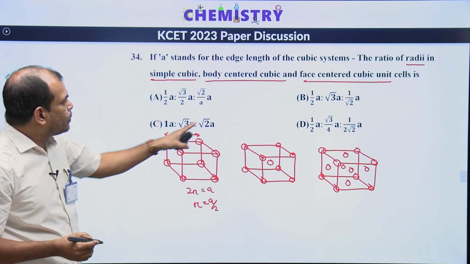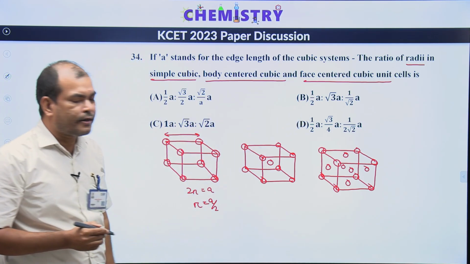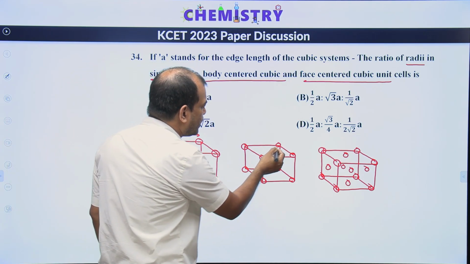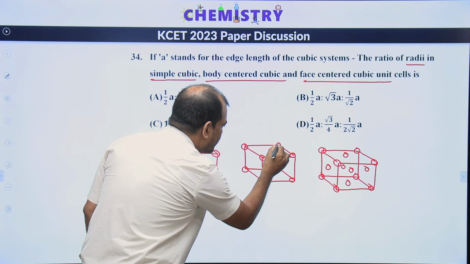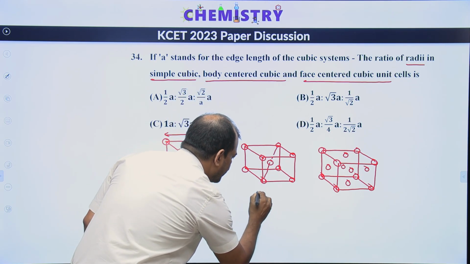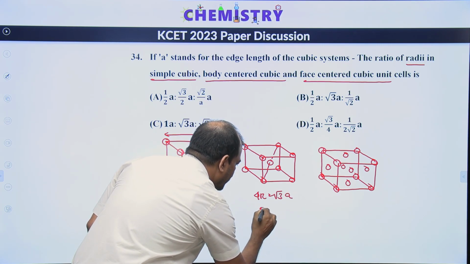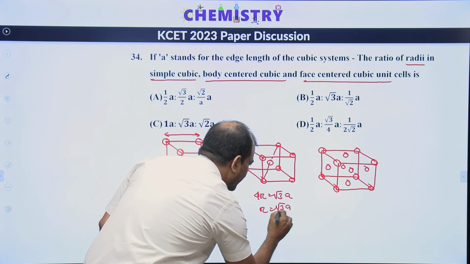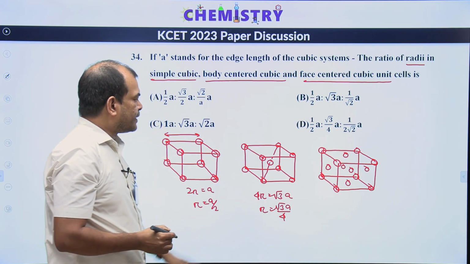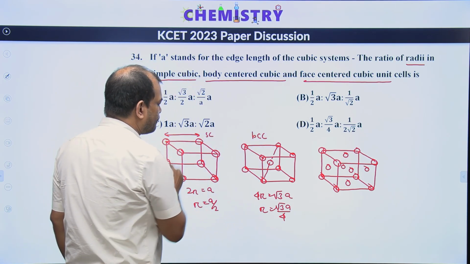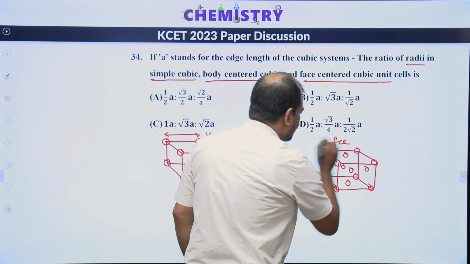Then take the second. Just before, in the previous question, we discussed that as it is diagonally connected, 4r is equal to root 3a, therefore r is equal to root 3a by 4. That is for BCC, that is BCC, that is simple cube, and that is FCC.